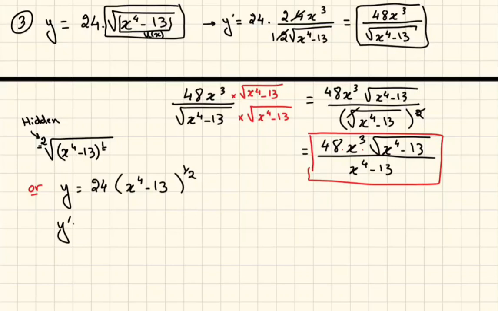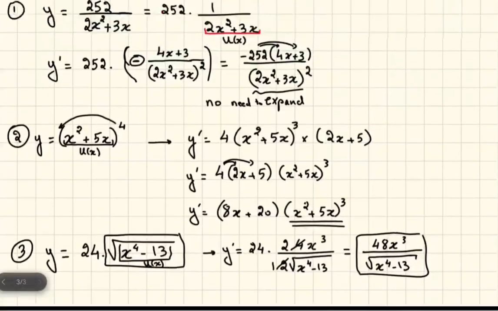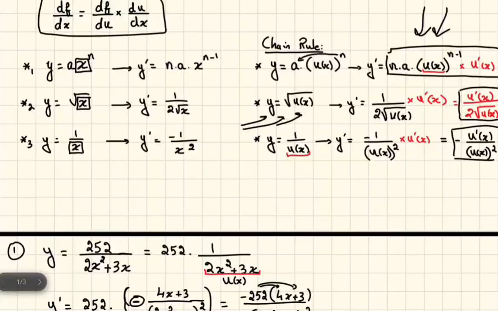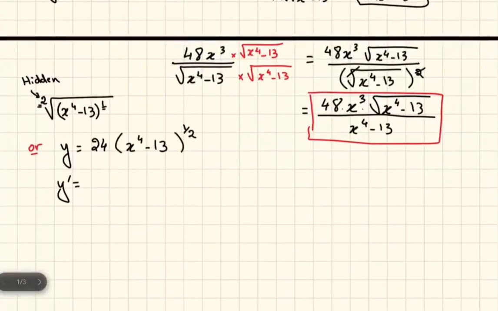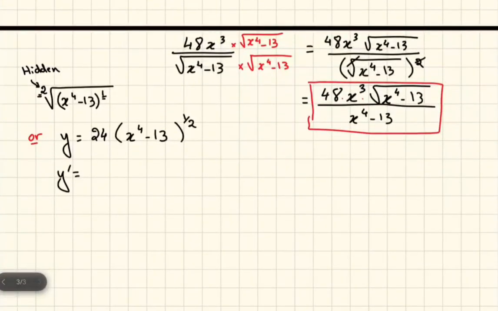Now, to proceed from here, we can use the first rule we have here: a multiplied by u of x exponent n. We have not x inside the parentheses, we have something in terms of x, which in this case is x exponent 4 minus 13. So the half should be brought down.